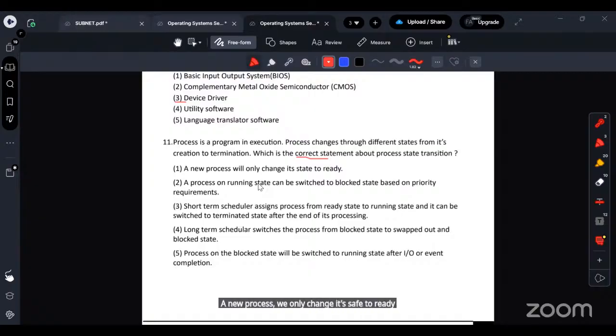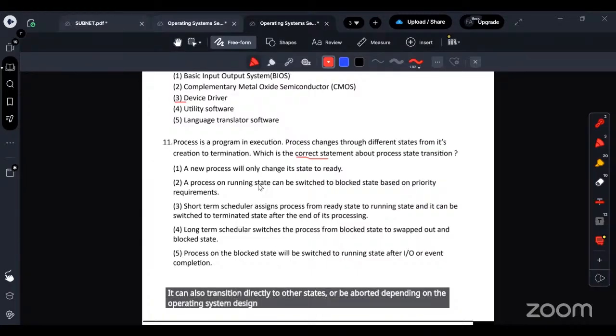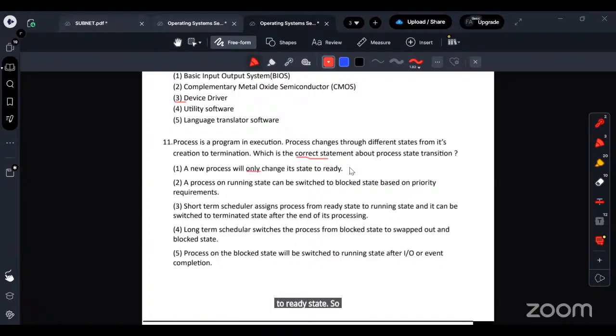Wrong. Why? Because a process often goes from new to ready, but it can also transition directly to other states or be aborted depending on the operating system design, not only change to ready state. So that is wrong.